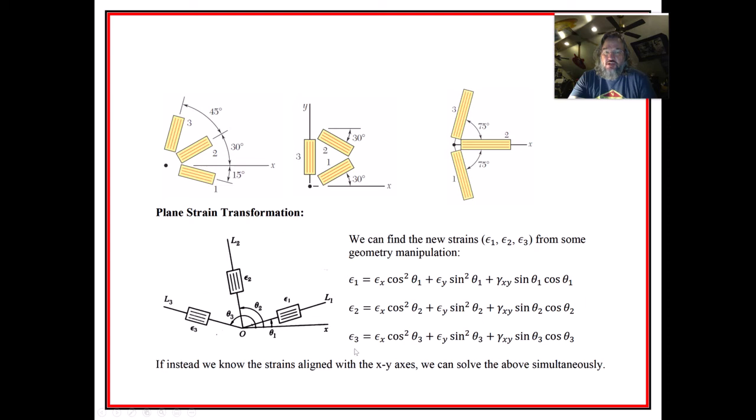So there are three equations and three unknowns, all right? The knowns are what we measure. We're going to measure epsilon 1, epsilon 2, and epsilon 3, which are actually resistance changes that we've measured, and we've used the calibration from that resistance to get what these strains are. And then we want to solve and find epsilon x, epsilon y, and gamma xy.